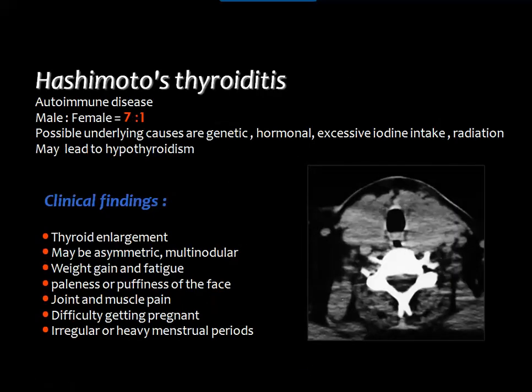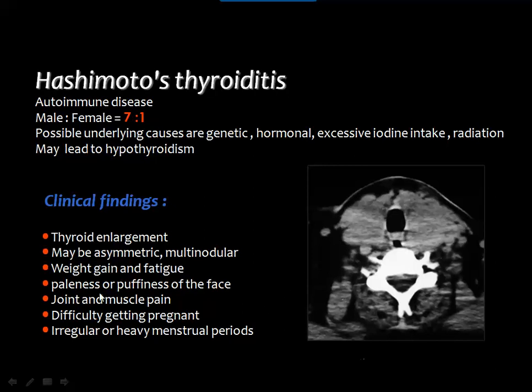The second type of thyroiditis is Hashimoto's thyroiditis, which is an autoimmune disease of unknown etiology, and this is the incidence of the patients considering male and female incidence. The clinical findings include thyroid enlargement, and this enlargement may be symmetric or asymmetric, may be lobulated or smooth.